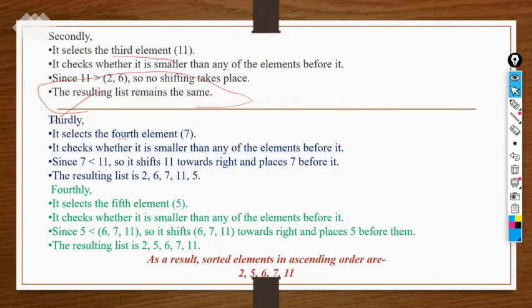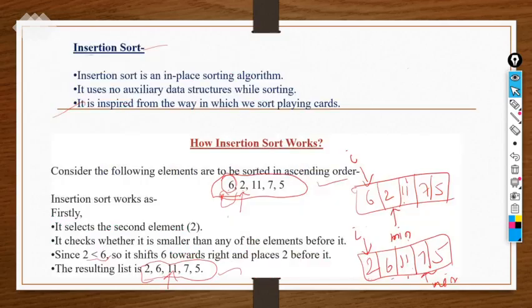Now we will compare this 7 with 11. Why is it so? We have kept this particular thing as it is, but we have incremented the I value. At the previous place, when we were on 11 as min, 11 is greater than 6, so it remains as it is. We have compared it with both.